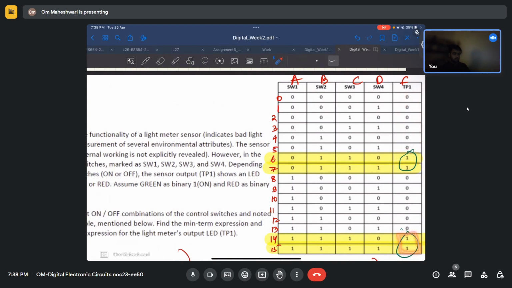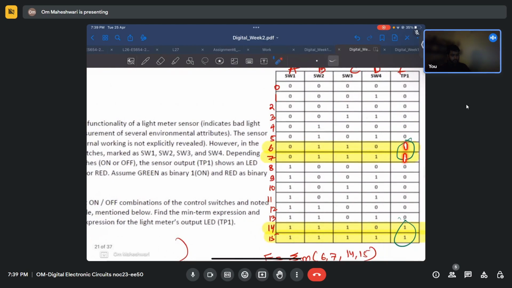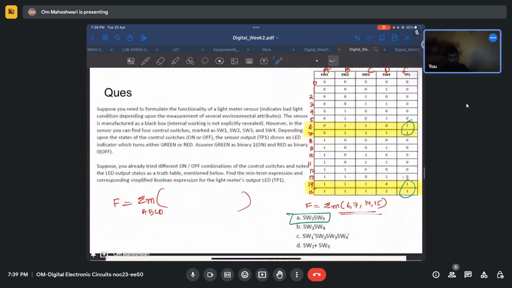So this is the given table. Now they are asking for the simplified expression for TP1. It is 1 only for these four conditions, 6, 7, 14, 15. So the function is sigma m 6, 7, 14, 15, right?